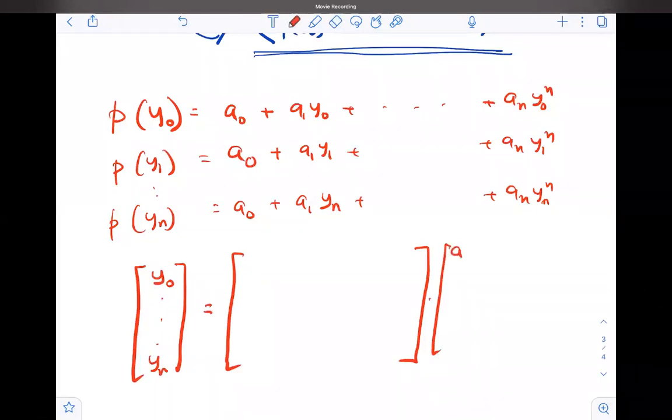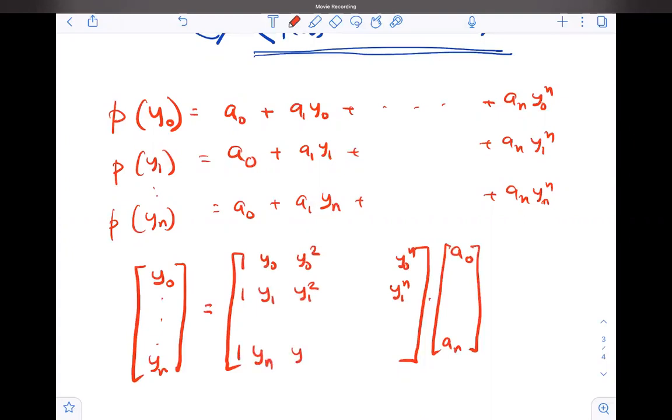This will be a0 till an. And the matrix is 1, y0, y0 squared, till y0 to the power n; 1, y1, y1 squared, till y1 to the power n; and 1, yn, yn squared, till yn to the power n.